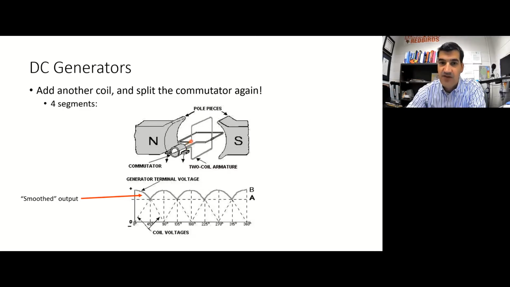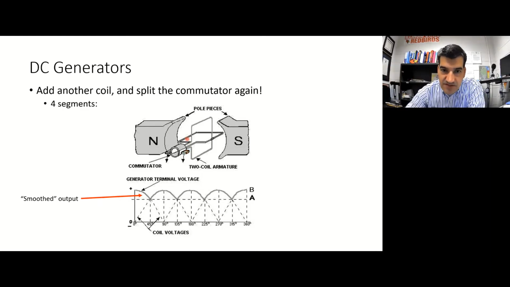And that second coil of wire is connected to two additional segments on the split ring commutator. So now we have 4 segments on the split ring commutator, each a quarter of a circle.